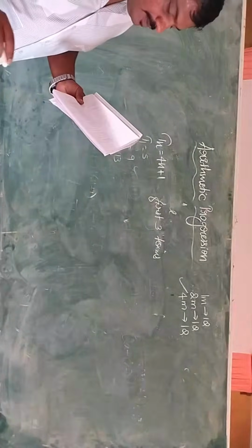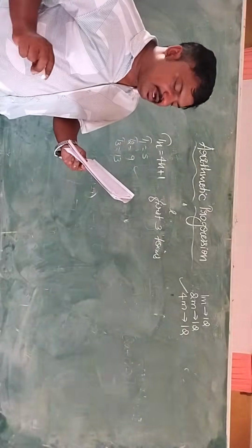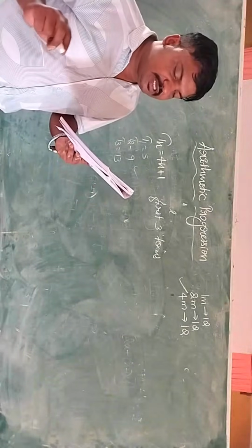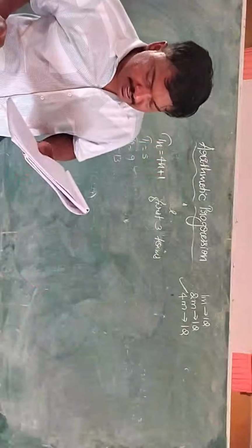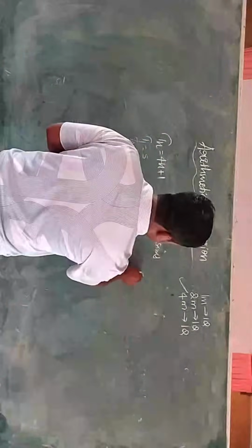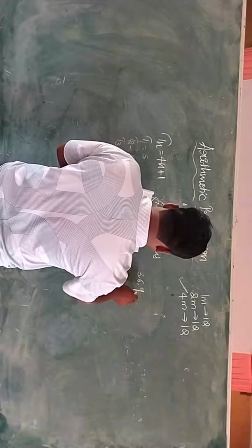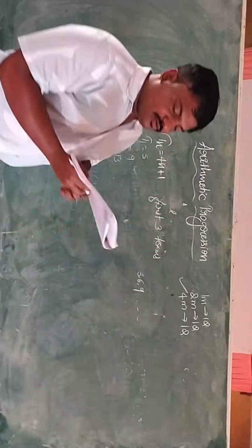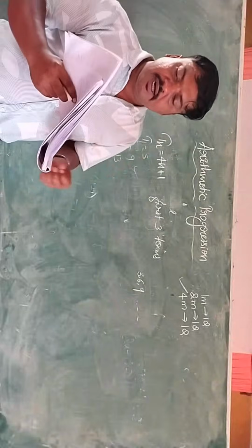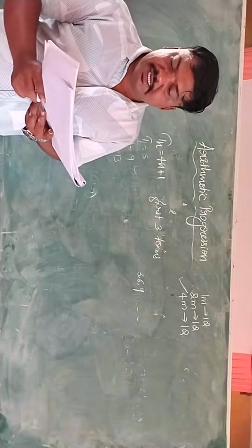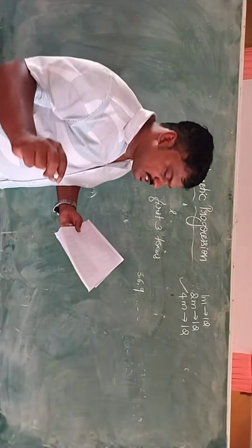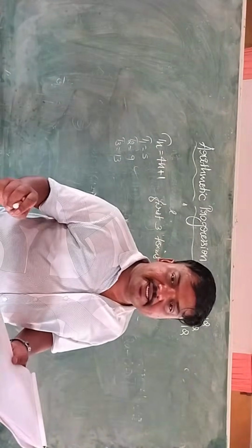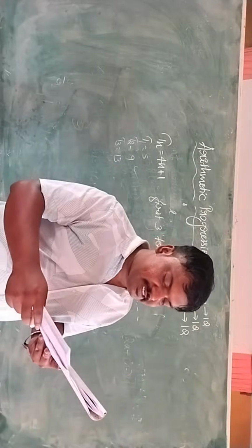Find how many terms of the AP 3, 6, 9, and so on must be added to get the sum 165.